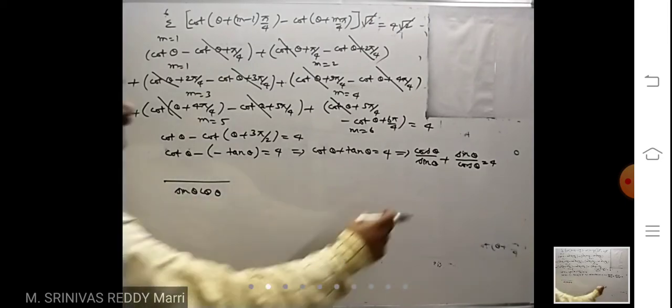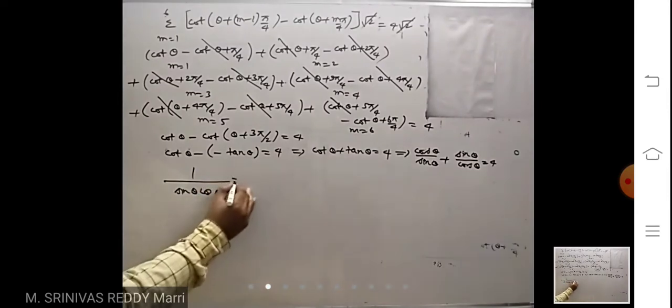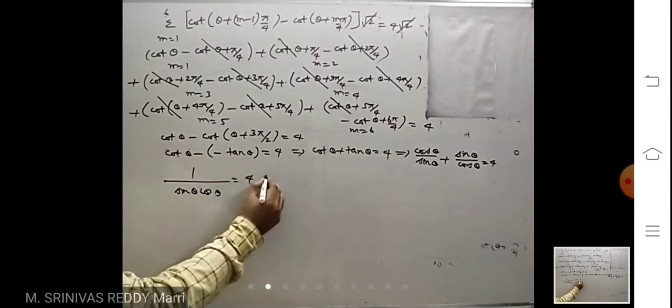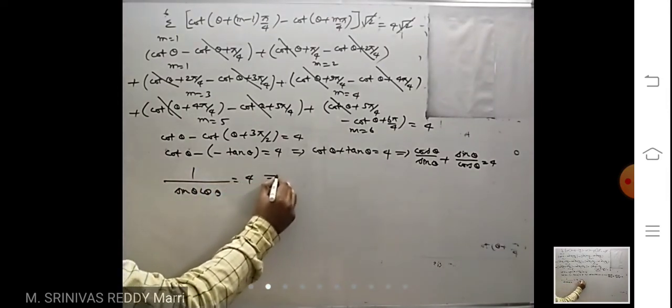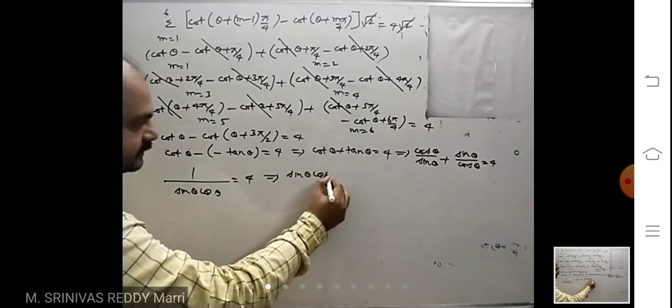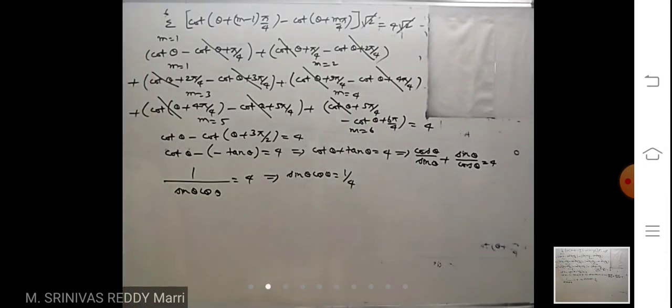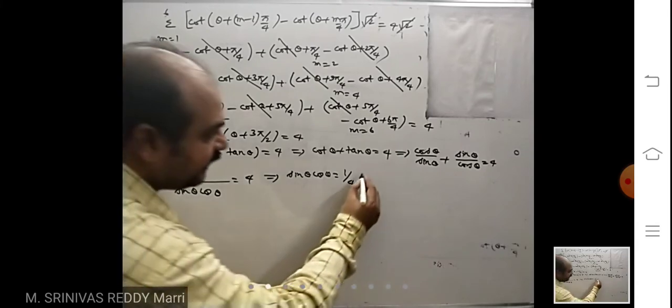Sin theta cos theta. Now this is cos square theta plus sin square theta, that is 1. So 1 by sin theta cos theta equals 4, that implies sin theta cos theta is nothing but 1 by 4.